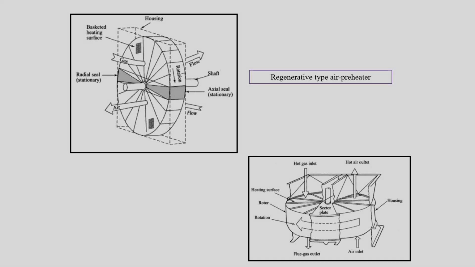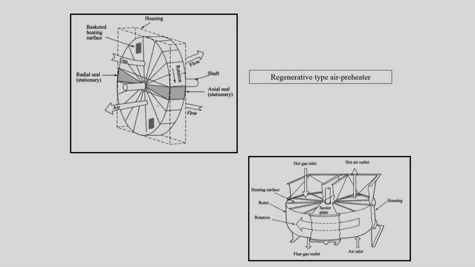But there is one more type of air preheater which is called the regenerative type of air preheater. In this air preheater, assistance is taken from a matrix which will store the heat from the hot gas, which is the flue gas, and then it will pass that heat to the air.